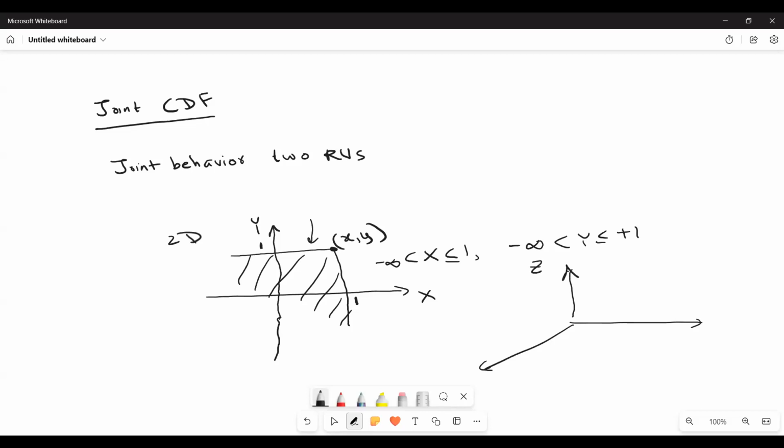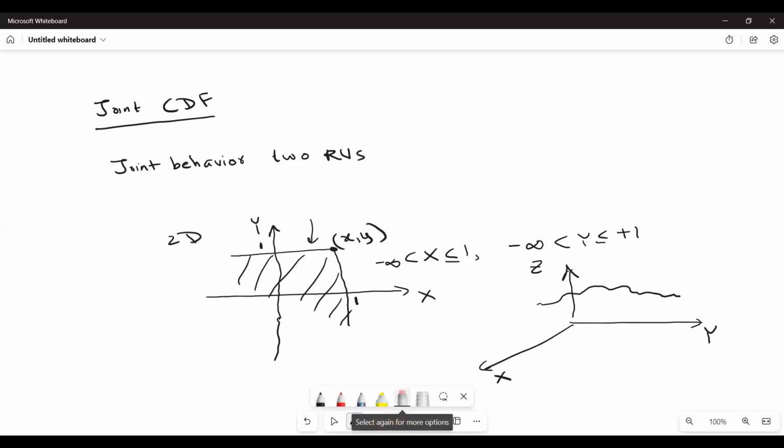On the z axis, we can draw the function or the variation of the PDF on top of these random variables. So let's say this is x and y, and we can define the values of the probability on the z axis.